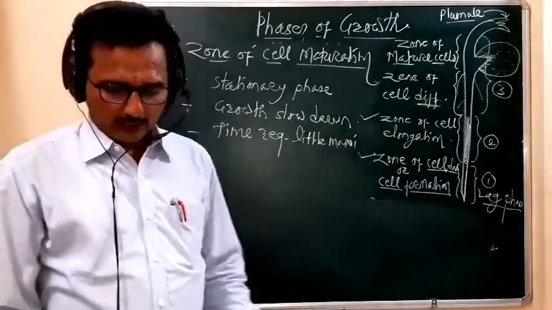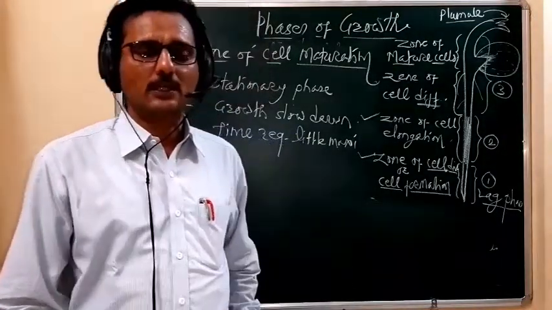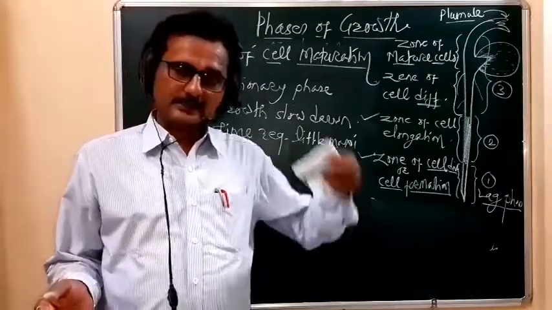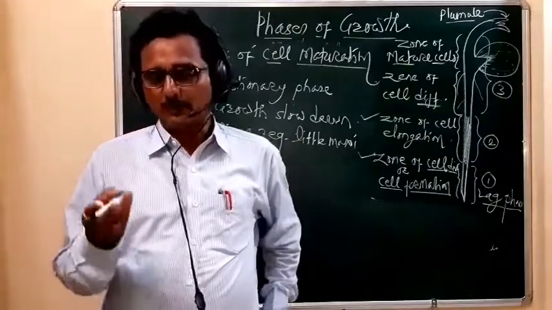Remember, what is cell differentiation? Cell differentiation means that from the meristematic cell there is a formation of parenchyma cells, sclerenchyma cells, and collenchyma cells. Various types of cells are formed, and this is called cell differentiation.